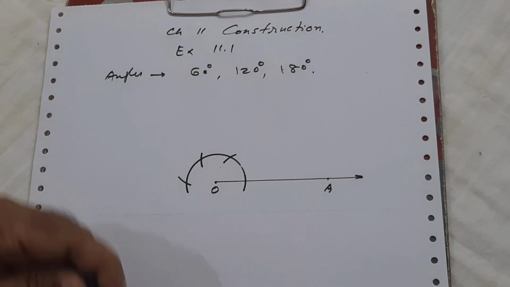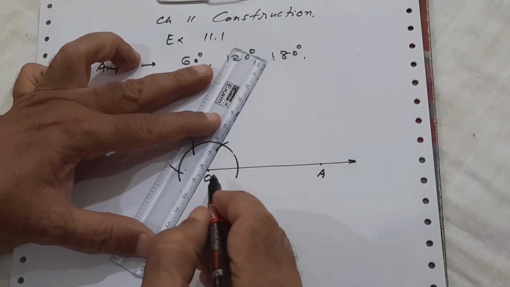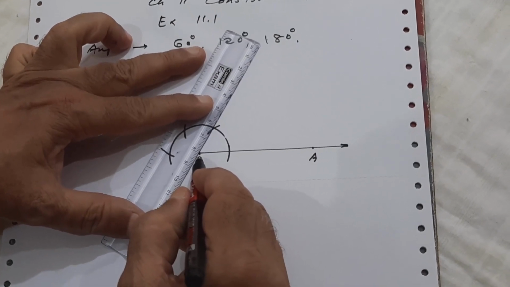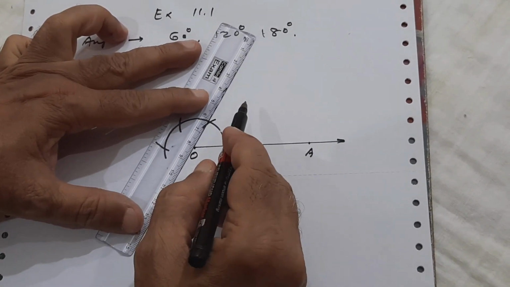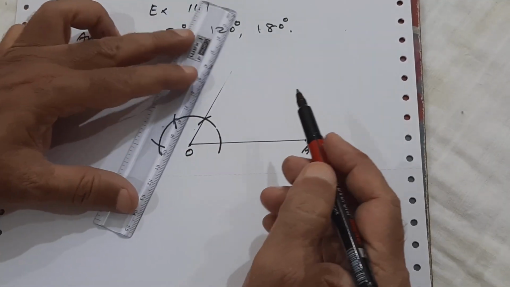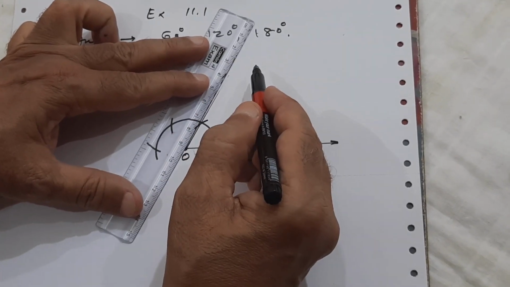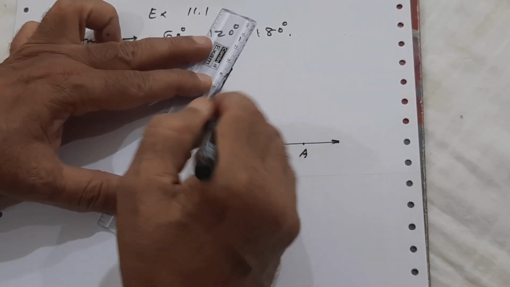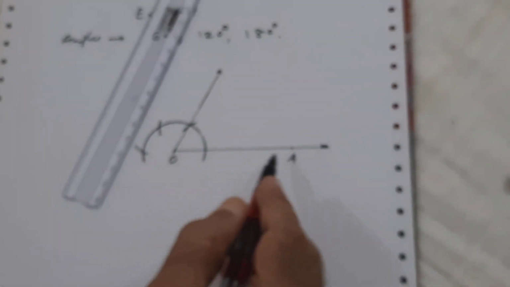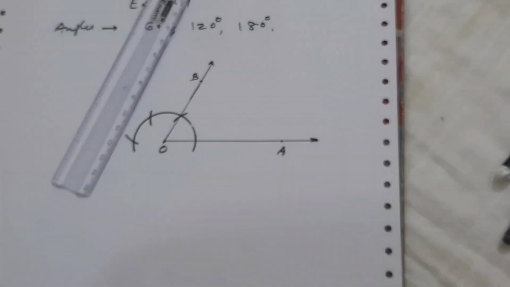Now you join the first point of intersection with O. Do it properly so that the vertex of the angle you will get correct. This is 60 degree angle.